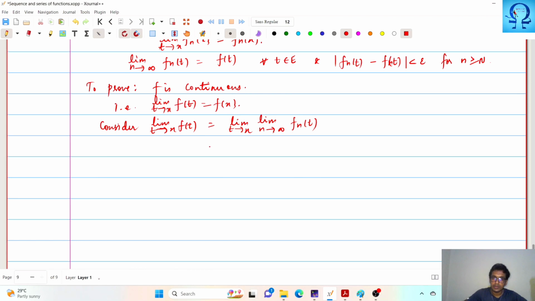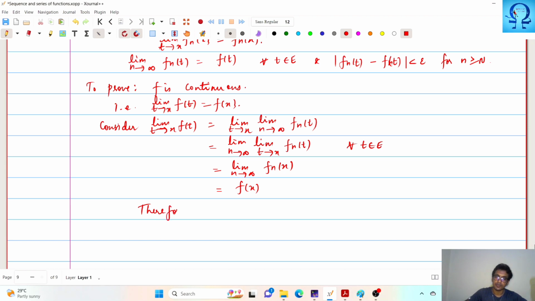So this shall be written as limit n approaches infinity, limit t approaches x, fn of t. And what is this limit t approaches x, fn of t? It is fn of x. And this is true for all t in E. So the convergence is uniform, therefore it should be f of x. So we just proved limit t approaches x, f of t is the same as f of x.